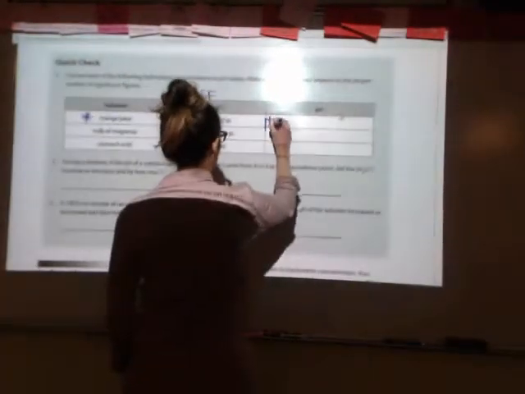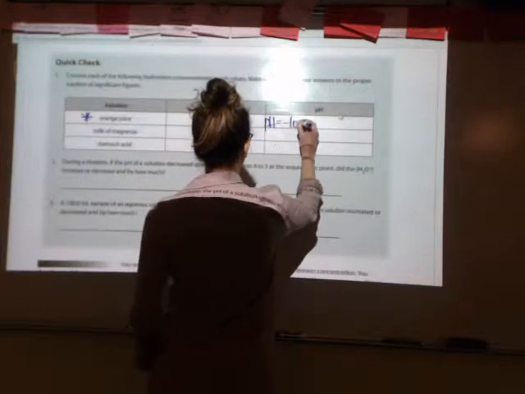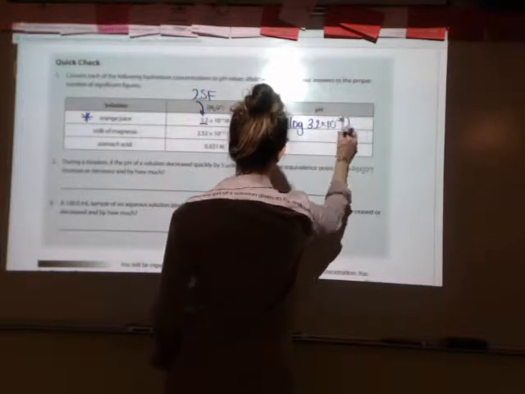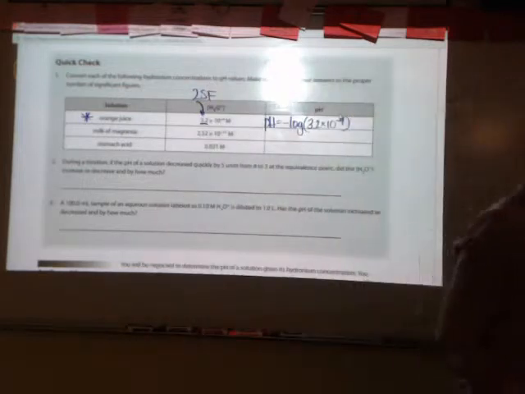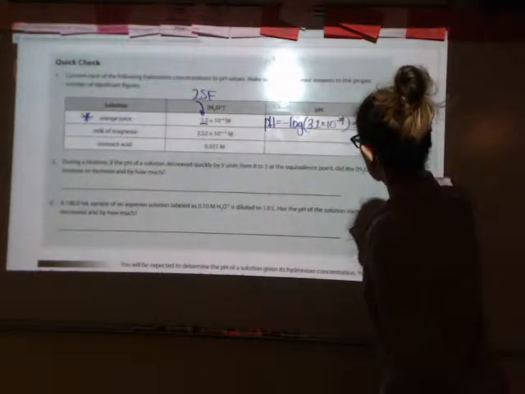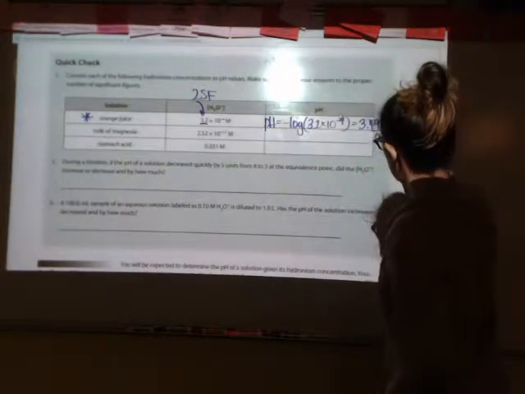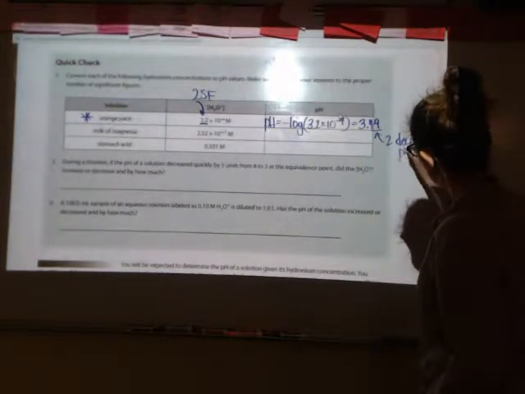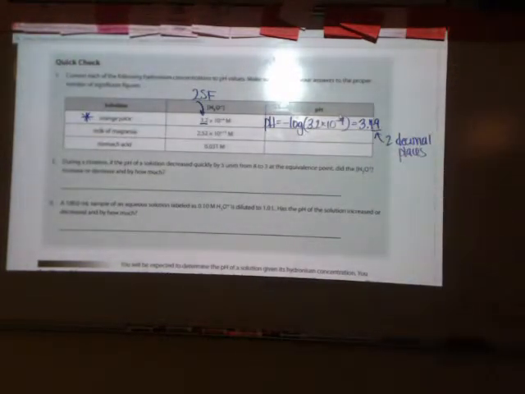So to get the pH, we're going to take the negative log of 3.2 times 10 to the negative 4th. You'll end up with 3.49. Easy enough? Okay.